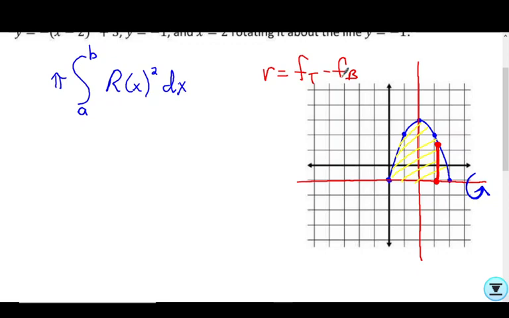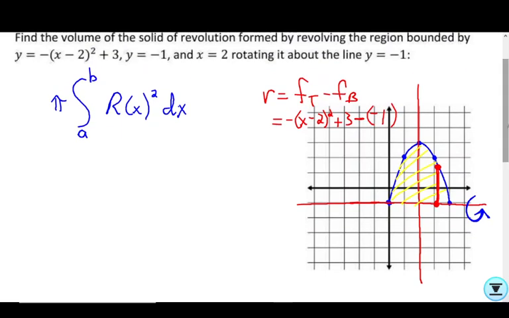The top function will always be the quadratic, so that is -(x - 2)^2 + 3, minus the function on the bottom, which is y equals -1. So that is my radius that I'm going to be using. Okay?